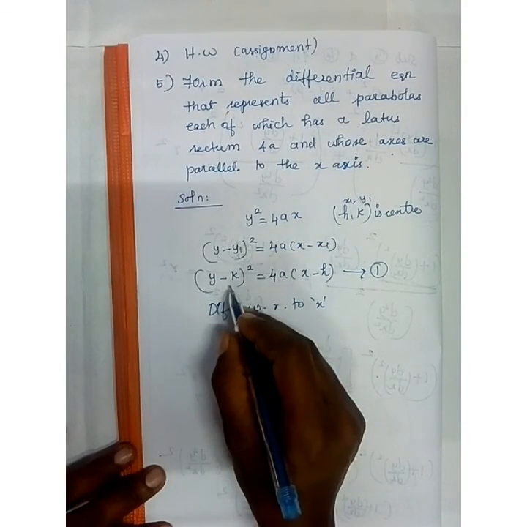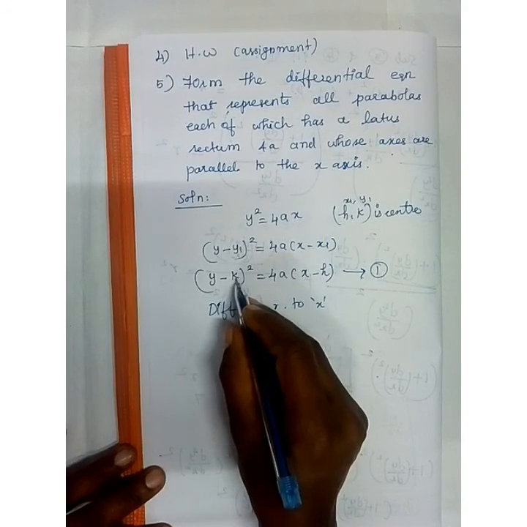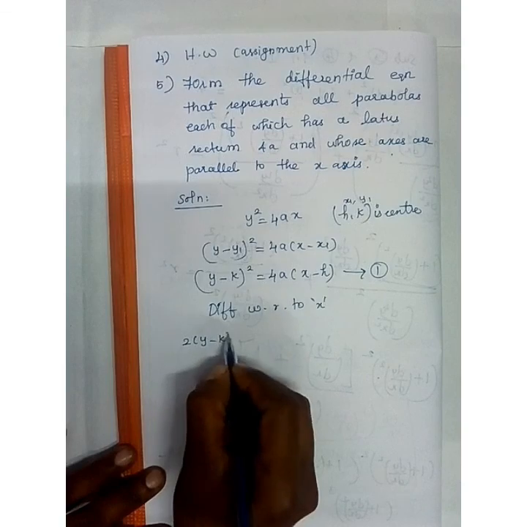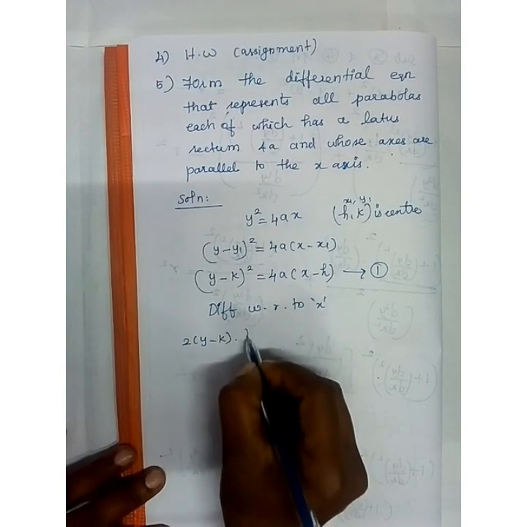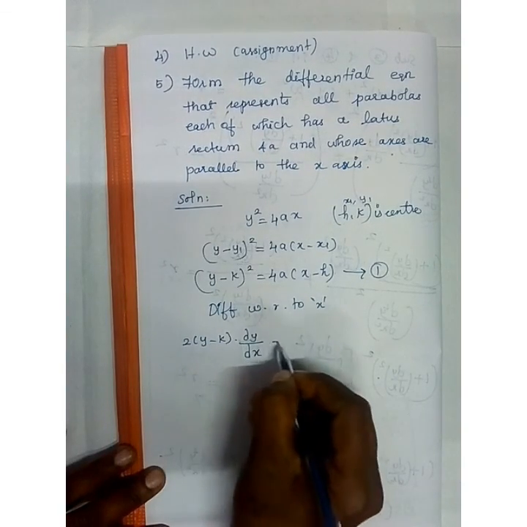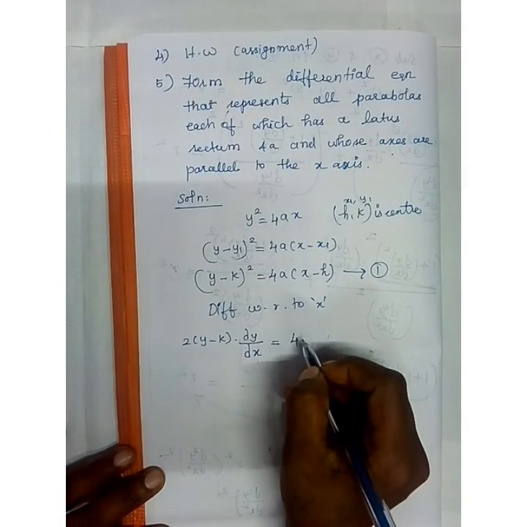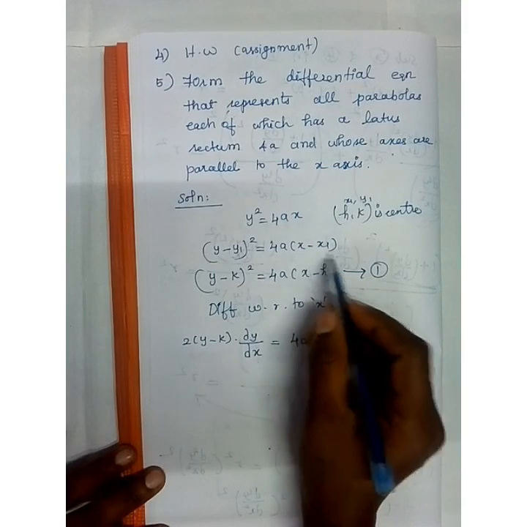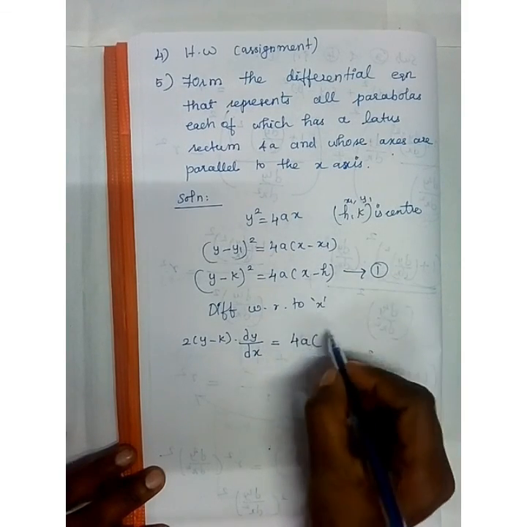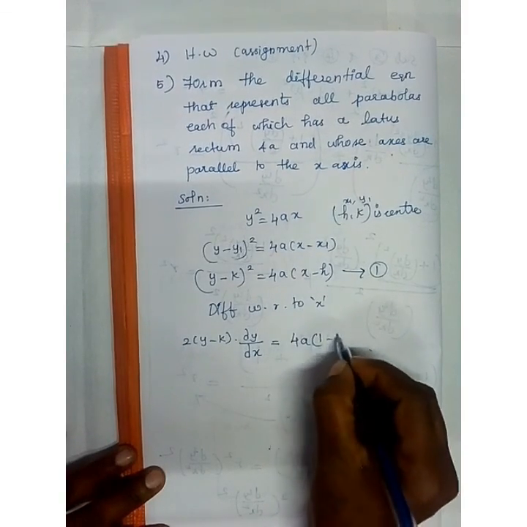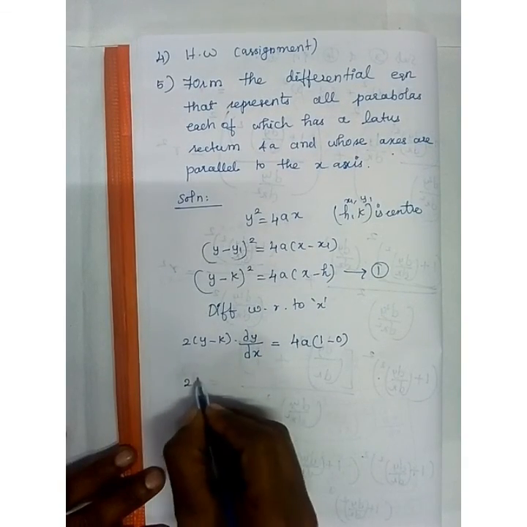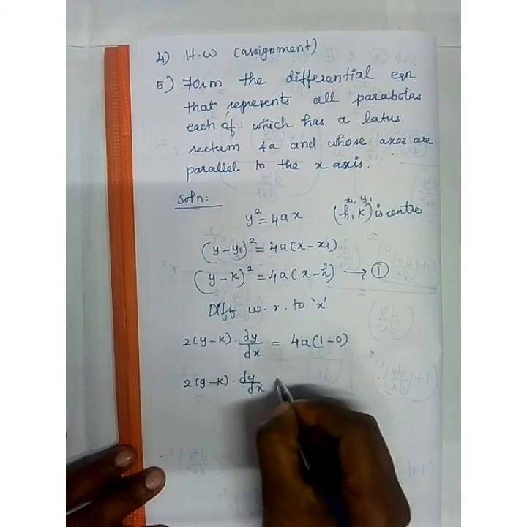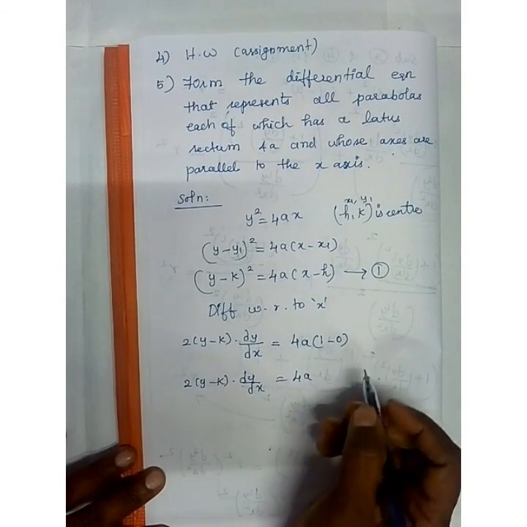As in the previous sum, 2 into (y minus beta). Instead of beta we have k here. So 2 into (y minus k). Differentiation of y with respect to x gives dy/dx. And 4a is constant, (x minus h) is constant 0, x with respect to x means 1 minus 0. So 2 into (y minus k) into dy/dx is equal to 4a.